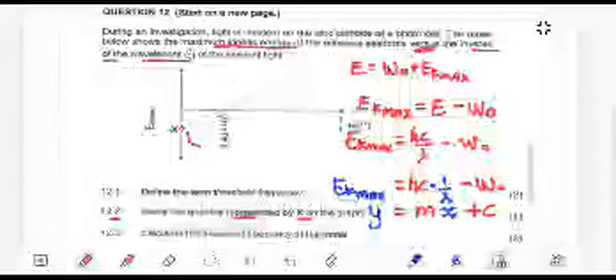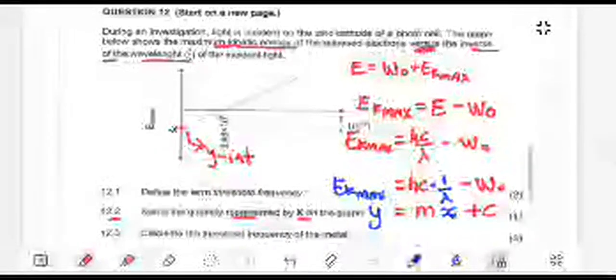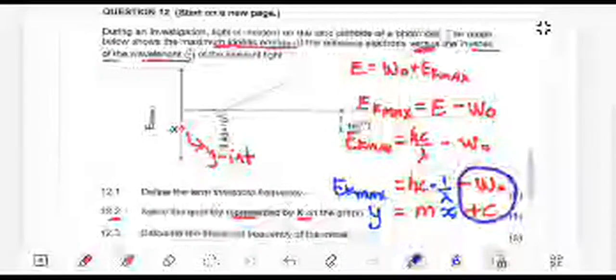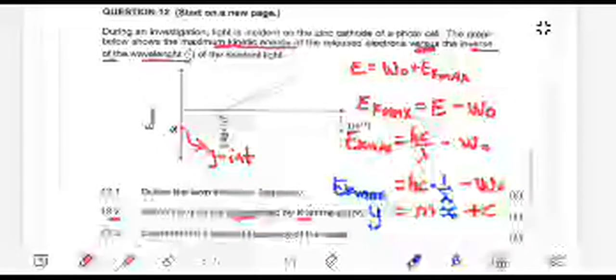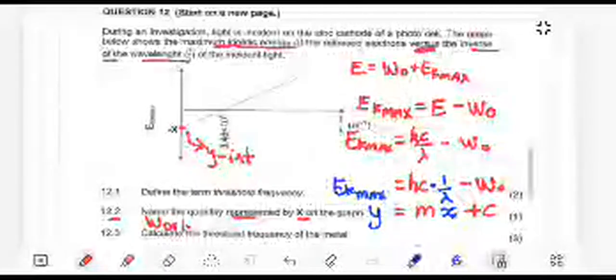So x on the graph is the y-intercept, and we do know that the y-intercept is the value of c. So what is the value of c? The value of c is W naught. So it means x is W naught. Write down the name of the quantity represented by x on the graph. I would say it's the work function.